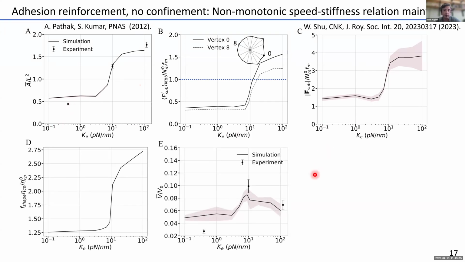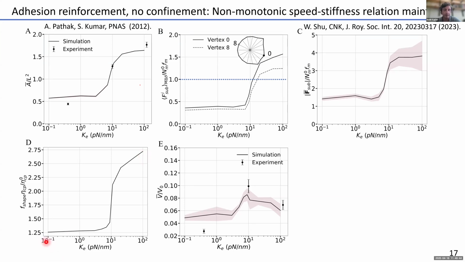But due to the effect of the modified Stokes law on the nucleus, we can now recover the biphasic behavior of the velocity as a function of stiffness. And that's mainly because of the shape factor, which essentially moves from a circular, spherical nucleus to a more ellipsoidal nucleus here.